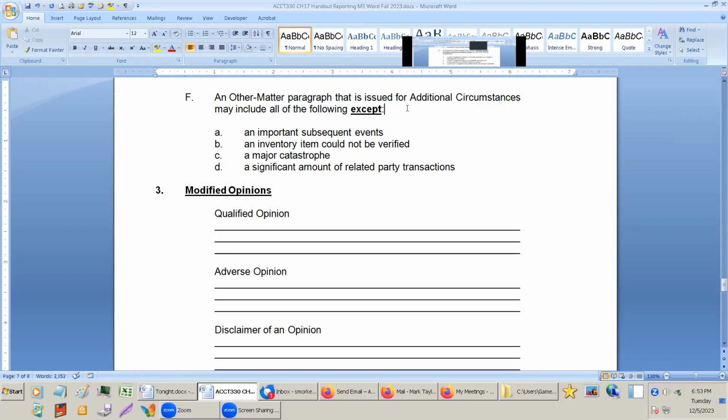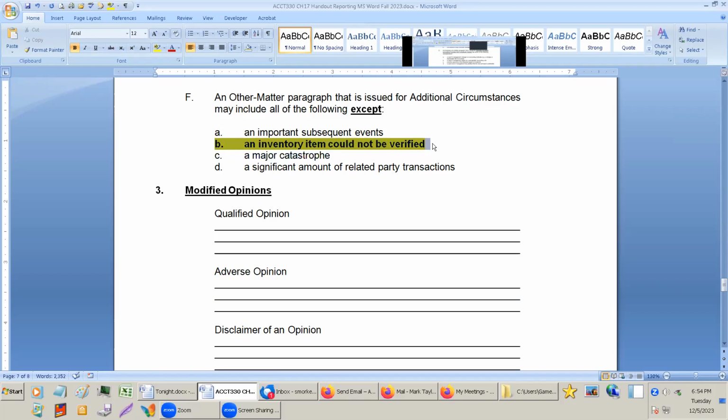Usually these are big things. So what on here doesn't look like a very big thing? B? Yeah, if part of the inventory could not be verified, determine whether it's material or not, and that goes in the audit report if it is material.